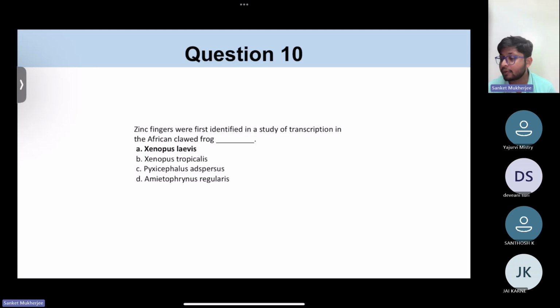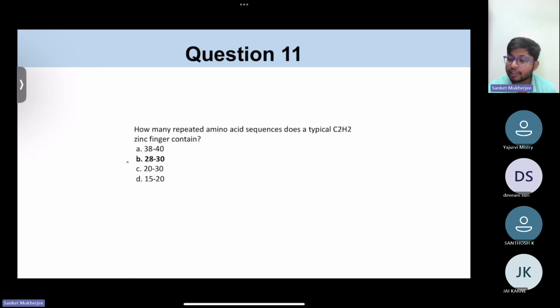How many repeated amino acid sequences does a typical C2H2 zinc finger contain? Is it 38 to 40, 28 to 30, or 15 to 20? 28 to 30. Actually, it should be 28 to 30. There are usually 30, it could be 28 as well.